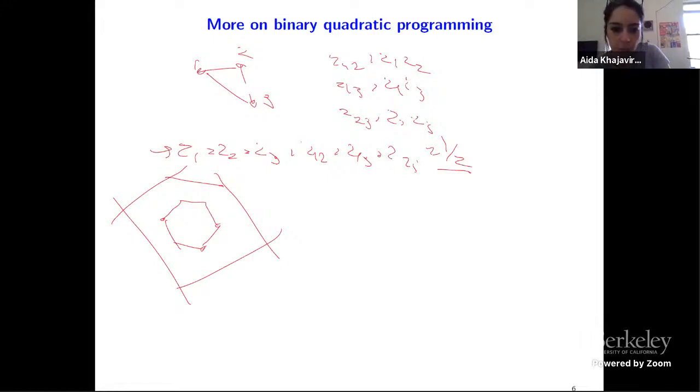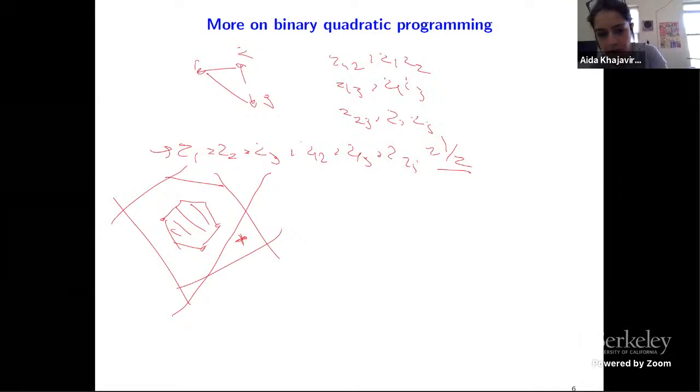So if you give me a point like this, which is in the bigger polytope, but then also you can give me an inequality which is valid for the target polytope, and then I can check that this point violates this inequality, then by adding this inequality to my original relaxation, I'm improving it. So that's a technique to improve a relaxation.